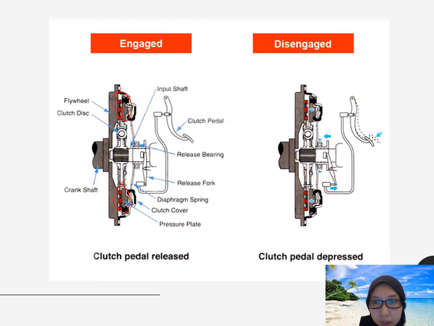When you depress the pedal, the release fork goes up and gives pressure, so the diaphragm spring will go down, and it will move the clutch disc, releasing it from the engine flywheel. They will be disconnected.